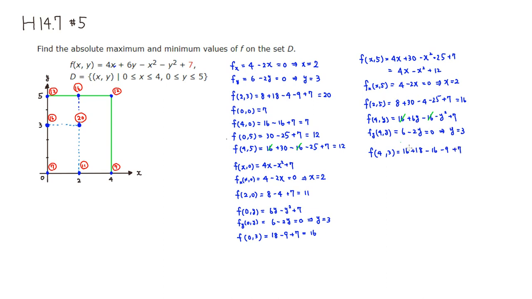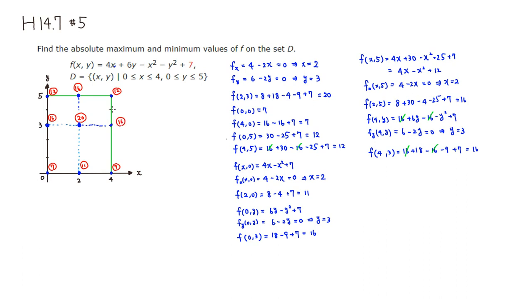So you can see that the 16 minus 16 cancel out. So 18 minus 9 is 9. 9 plus 7 would be 18. Oh, wait a minute. 9 plus 7 is 16, sorry. So the value at 4 comma 3 is 16.